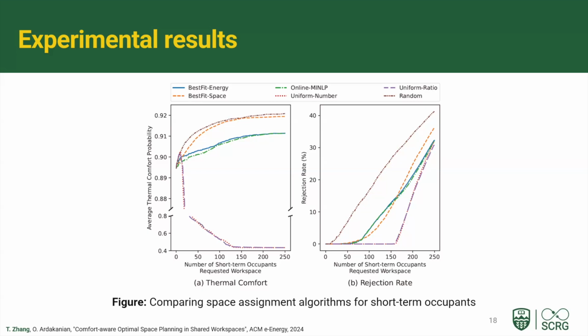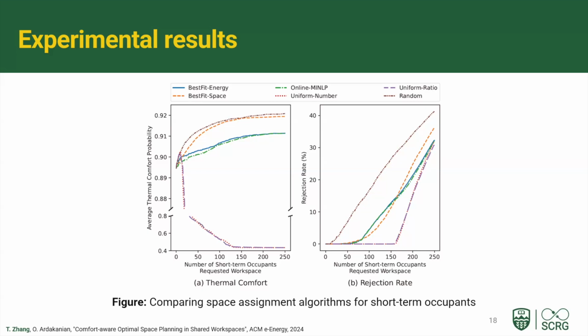And on the right-hand side, the figure shows the rejection ratio for different numbers of short-term occupants who submit their requests. A lower rejection rate means that we have more occupants in the building, which for the company means more profit. The two proposed heuristic algorithms perform a little bit better than the random baseline and demonstrate very similar performance to the case where we assign those short-term occupants by solving a modified MINLP approach.